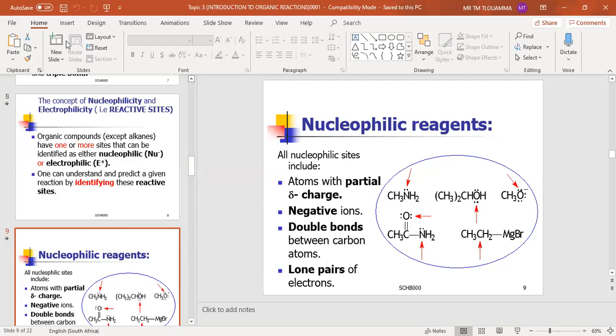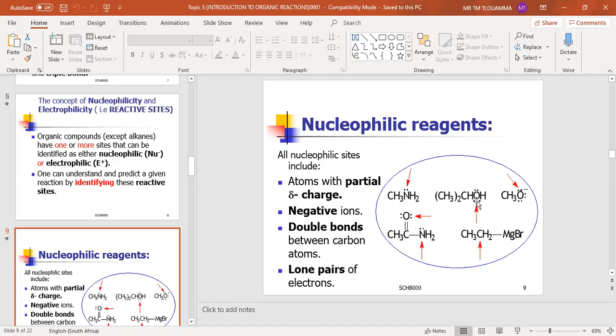So I see nitrogen here. Nitrogen is having lone pairs. Yes, it has lone pairs of electrons. Then also we're having hydrogen here. And then they said the double bonds between the carbon atoms; we're having a double bond here, but this is not between the carbon atoms, it's between carbon and oxygen.